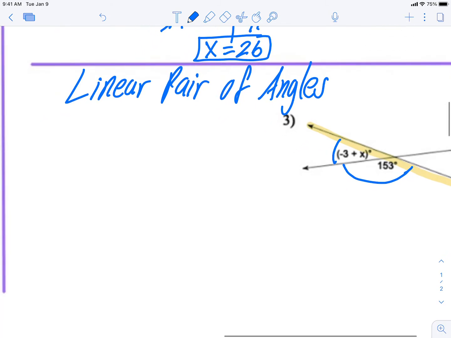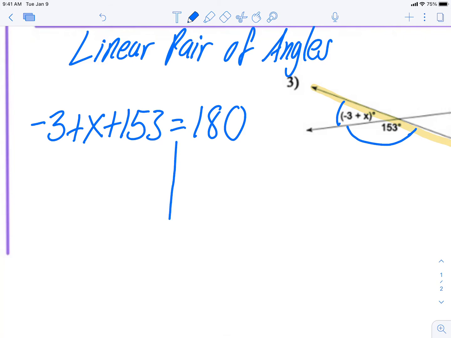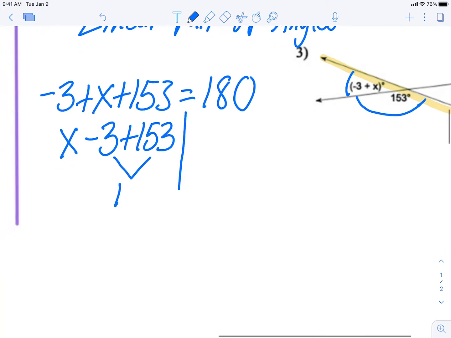So let's add them up. Negative 3 plus x plus 153 is equal to 180 degrees, right? They add up to half a circle, 180 degrees, right? So I'm going to combine. I'm going to put my variables first, my regular numbers second, and I'm going to combine these two right here, and I get 150.